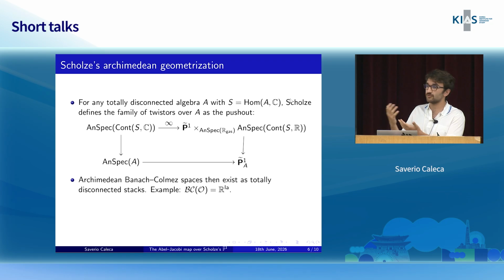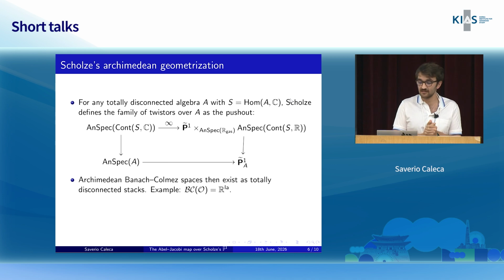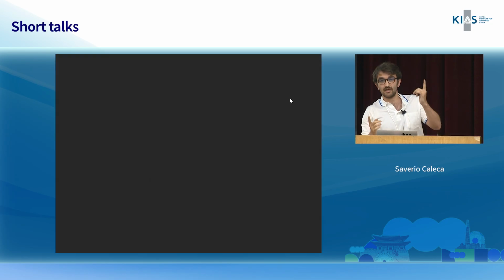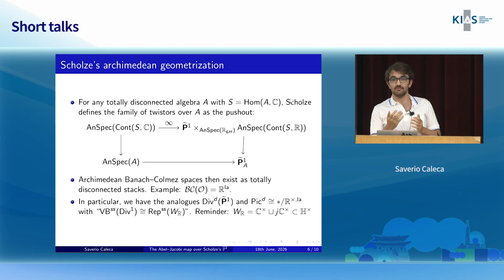Then, through this definition, we can make sense also in this context of Banach-Colmez spaces, the Archimedean Banach-Colmez spaces. And so, for example, the Banach-Colmez space given by sending a totally disconnected algebra A to the global sections of the structure sheaf of P1A is going to be R, analogously to what happens in the Fargues-Scholze context. And in particular, we have the following analogs. So the space of degree D divisors over the twistor P1.